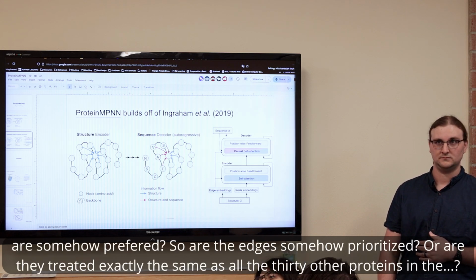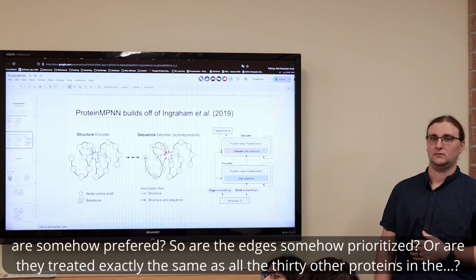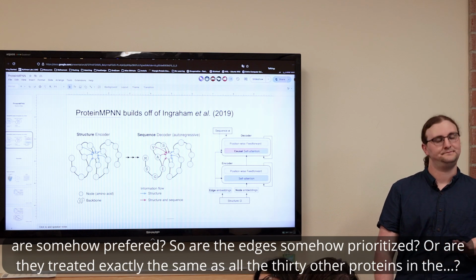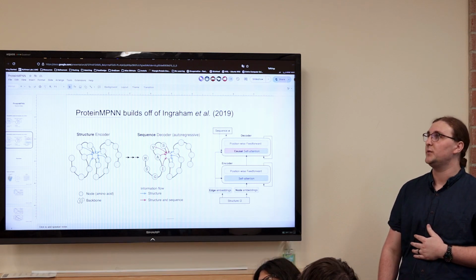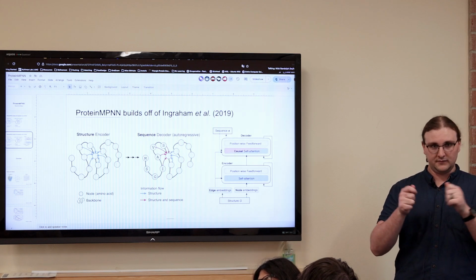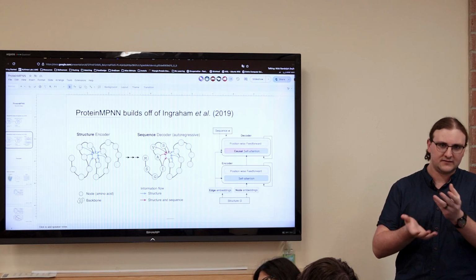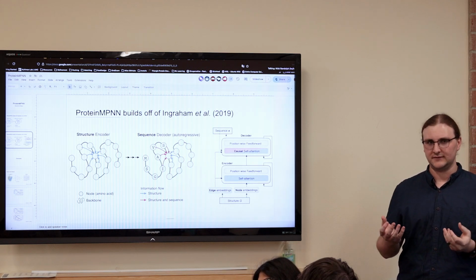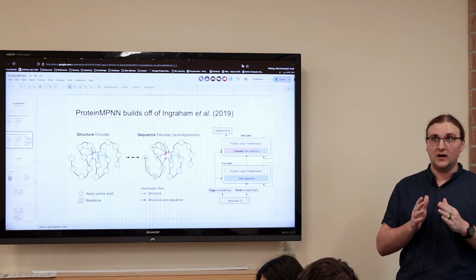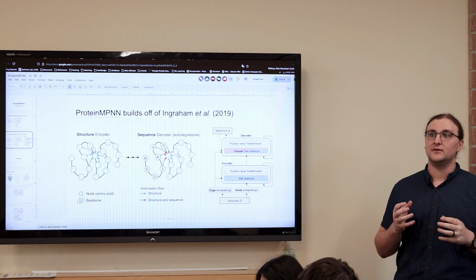So are the edges somehow prioritized, or are they treated exactly the same as all the 30 other residues? Yeah, that's an interesting question. When we're doing self-attention, the attention weights the different nodes differently, so it is different. However, in the message passing style, which Eustace has used, every message coming from your neighbors is weighted equally.